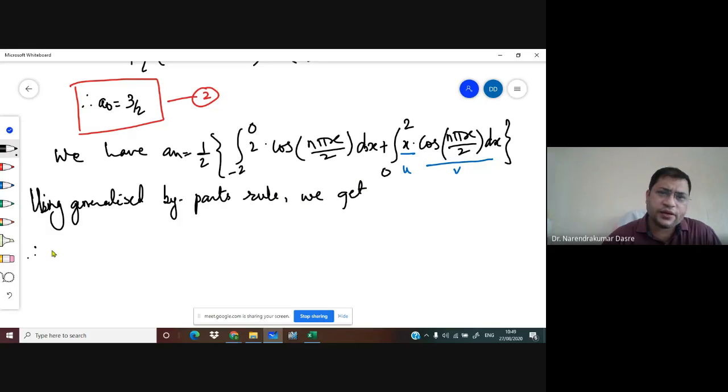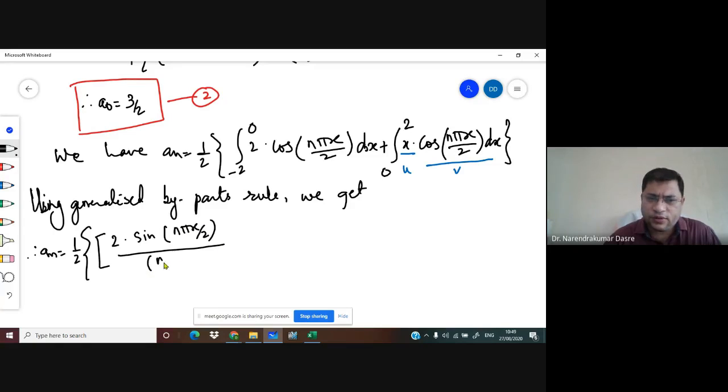So what we are able to get here, an is going to be 1 half. For the first integral, we have 2 into sine of n pi x by 2 upon n pi by 2, and the limits are minus 2 to 0.